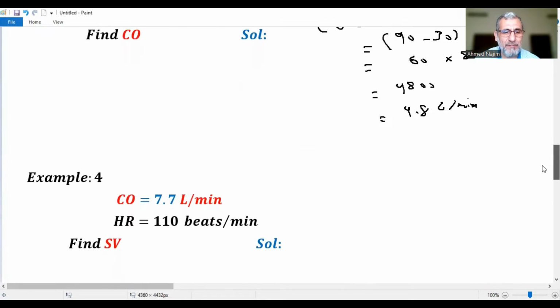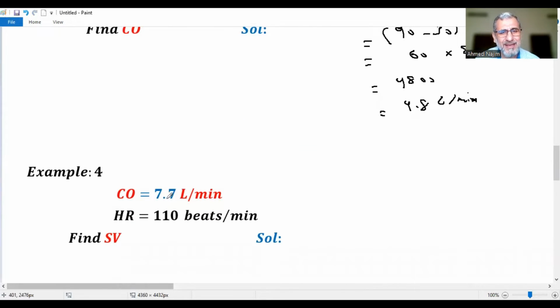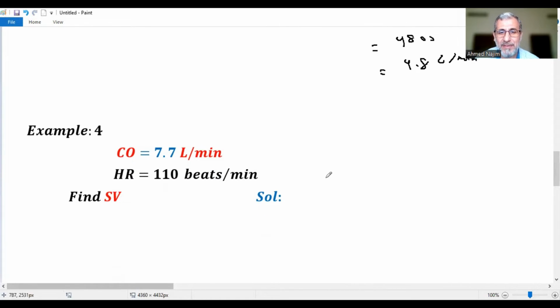Now, example number 4. Assume it is known that cardiac output is 7.7 liters per minute and heart rate is 110 beats per minute. How do we find the stroke volume? Cardiac output equals stroke volume, which is unknown, multiplied by heart rate.